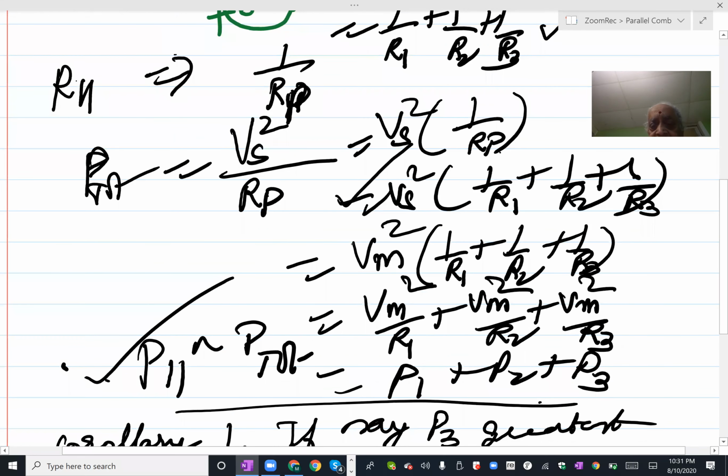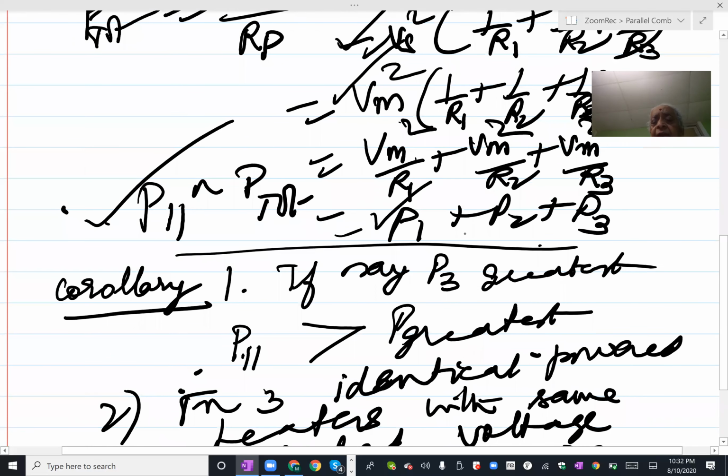But V squared is equal to Vm squared, so it will be Vm squared into 1 by R1 plus 1 by R2 plus 1 by R3. Or P parallel will be equal to Vm squared by R1 plus Vm squared by R2 plus Vm squared by R3. But Vm squared by R1 is power 1, power 2, and power 3. So P parallel is the sum of the three powers, P1 plus P2 plus P3.